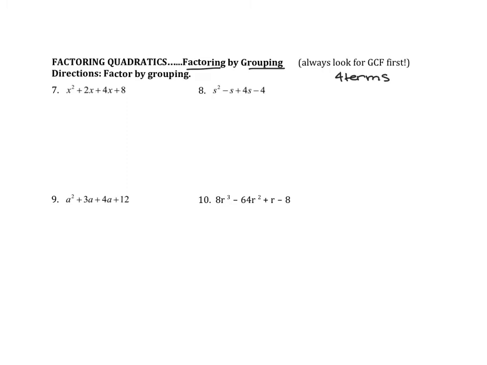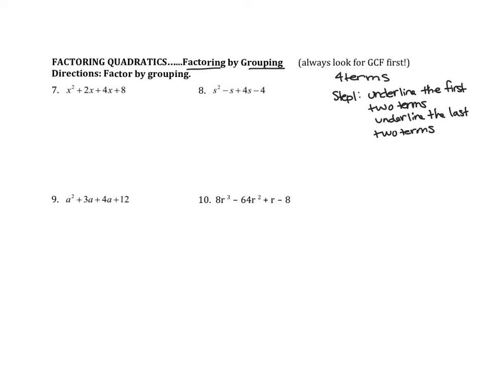To do factor by grouping, step 1, we're going to underline the first 2, and then we're going to underline the last 2 terms.